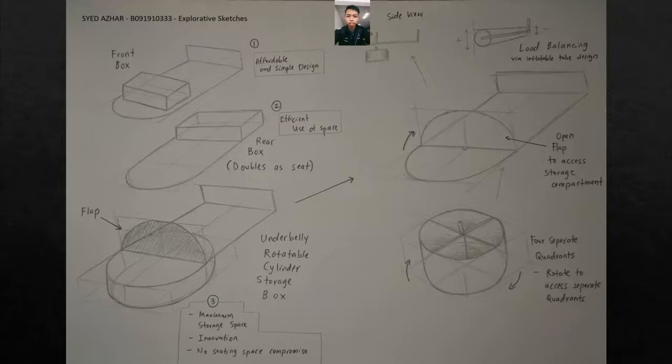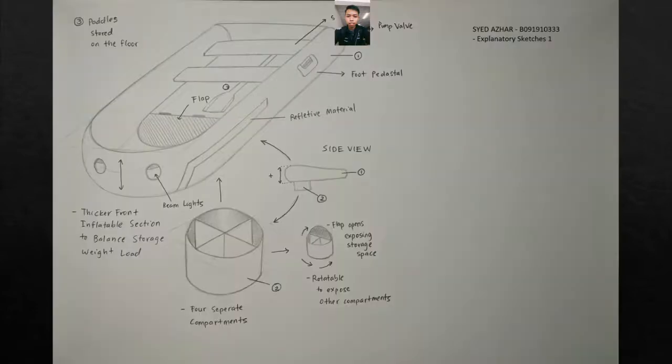The design is affordable and simple, and option 2 is an efficient use of space, and also an underbelly rotation cylinder storage box. It has maximum storage space, innovation, and no sitting space compromise.